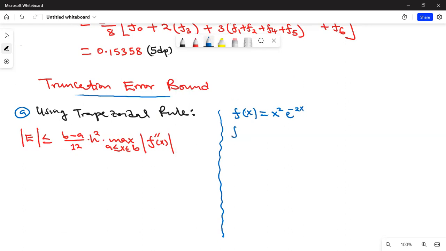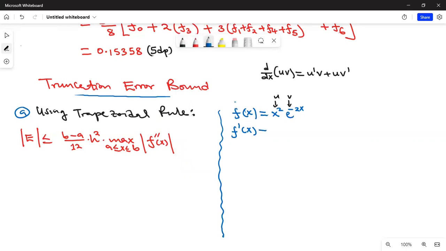I want to get the first derivative, f prime of x. Use product rule. This will be your u. This will be your v. Remember product rule: to differentiate d/dx of u times v, it is u prime v plus u v prime. It is used when you're differentiating a product of two functions of the same independent variable.